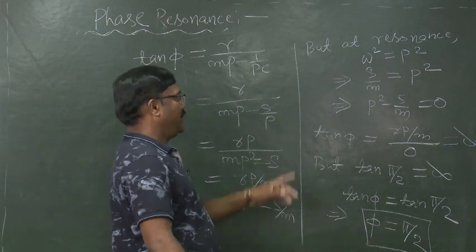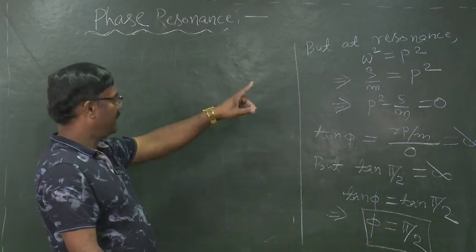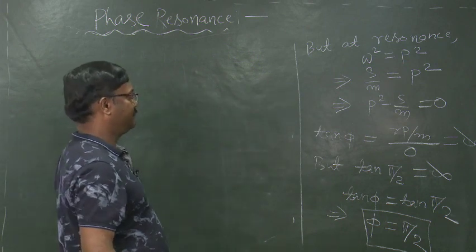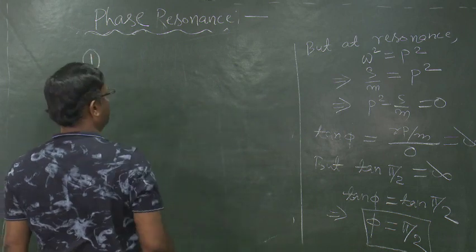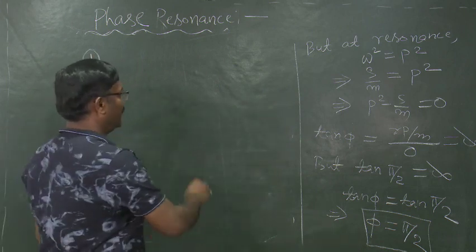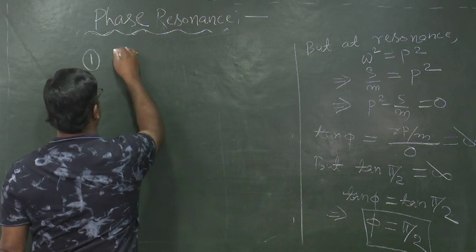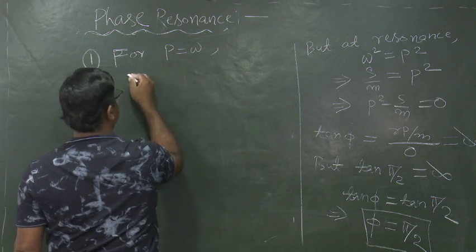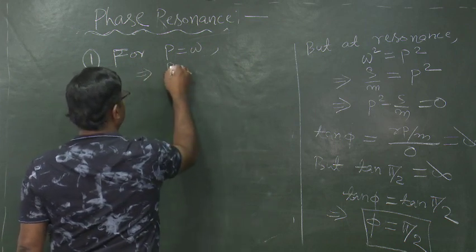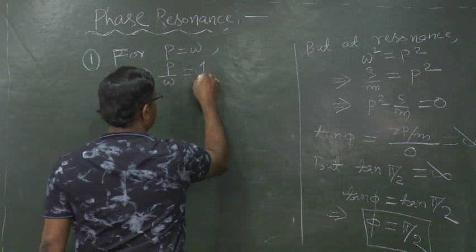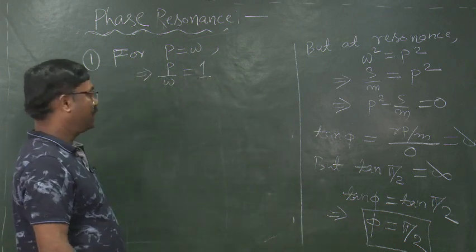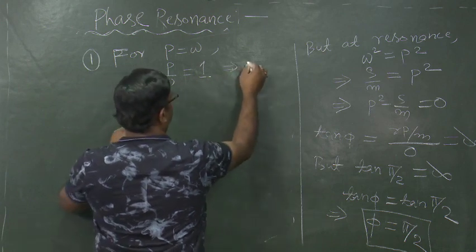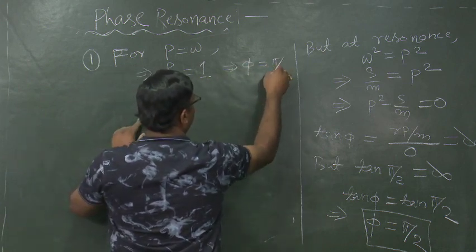Now, 3 probable cases arise. Number 1, for p is equal to omega, implies as p by omega is equal to 1, for which phi becomes pi by 2.